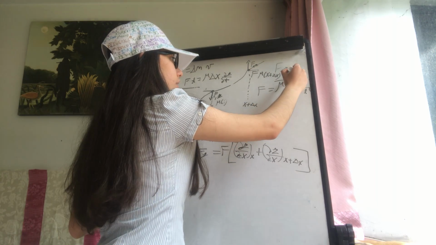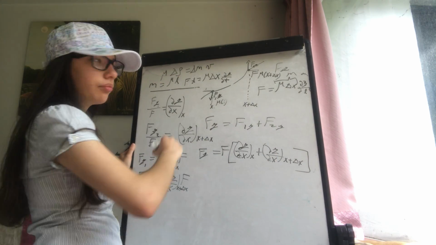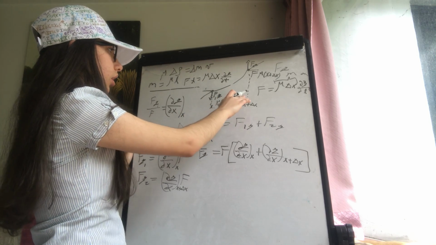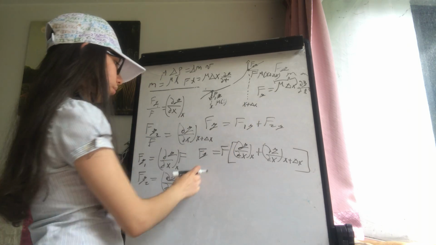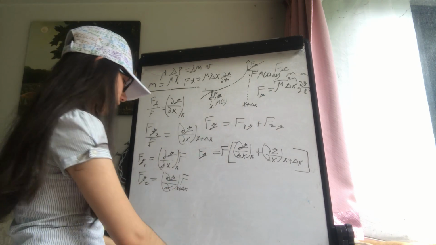All this is the mass, so mass times acceleration. Alright, now here we have the force. There will be the force on y, and here is the force on y, so we need to equate these two equations.